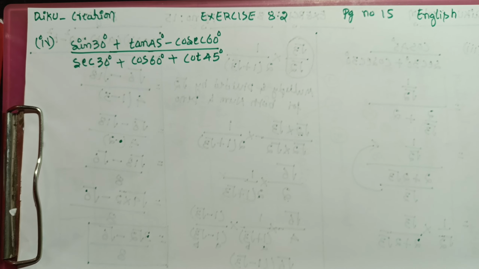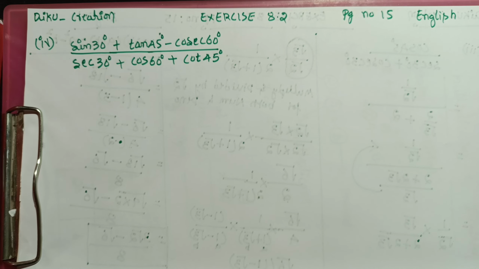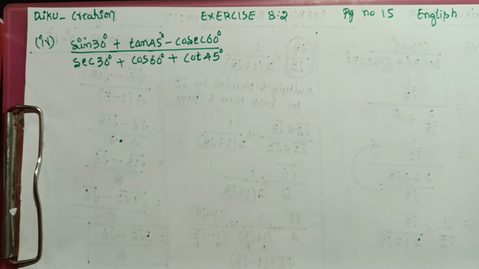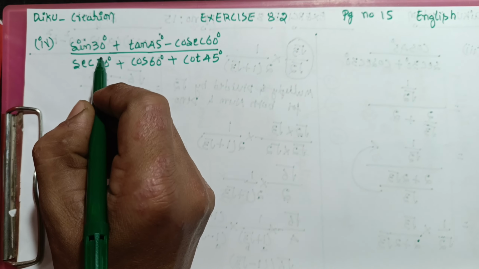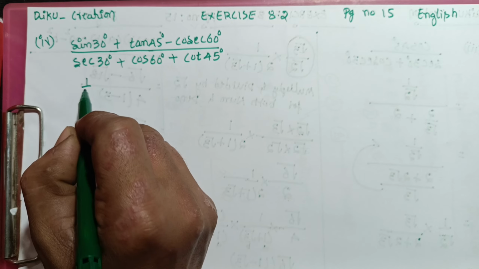To solve this particular problem, in the first step I need to substitute all the values. You need to refer to the trigonometric ratio table to write all the values. Sin 30 degree value is 1 by 2.